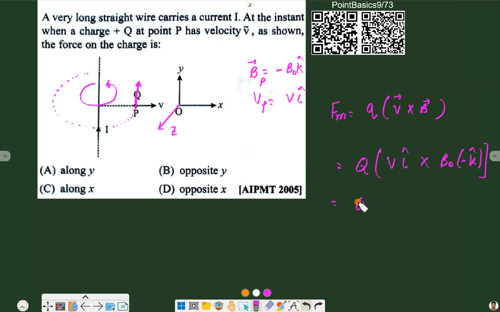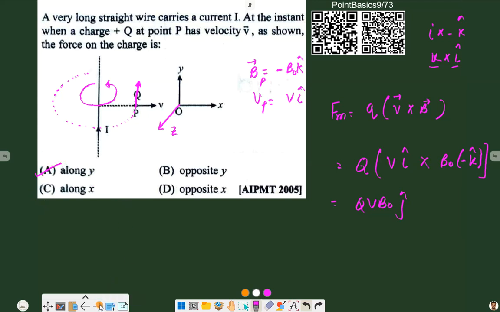So it will be q v B naught, and we have i cross negative k, which can be written as k cross i, and we know k cross i is j. So we can say the magnetic force will be along the positive Y direction. So option A will be the right answer here.